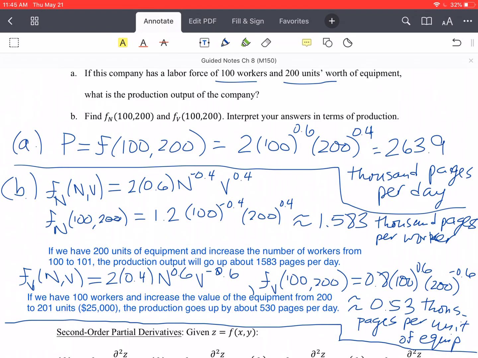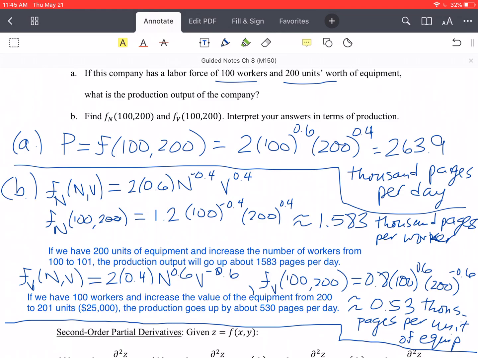The machine is a one-time cost of $25,000. The worker, depending on what state you're in and what the value of the job is, you could be paying $50,000, $75,000 a year. So if the machine even lasts 10 years, that's still $25,000 for the whole thing, as opposed to paying hundreds of thousands of dollars to an employee over those years.